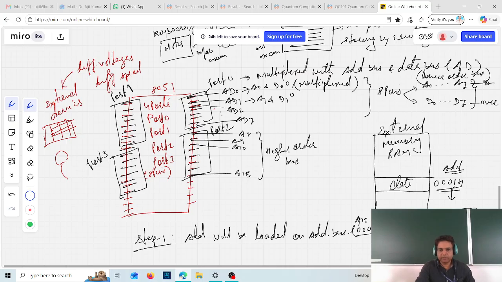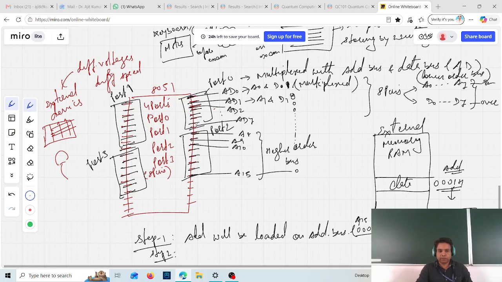A0 is actually 1, then A1 is 0, then 0, 0, 0, 0, 0, 0, 0. All these A15 up to A0 will be loaded in their address buses. Now this was done in step 1.